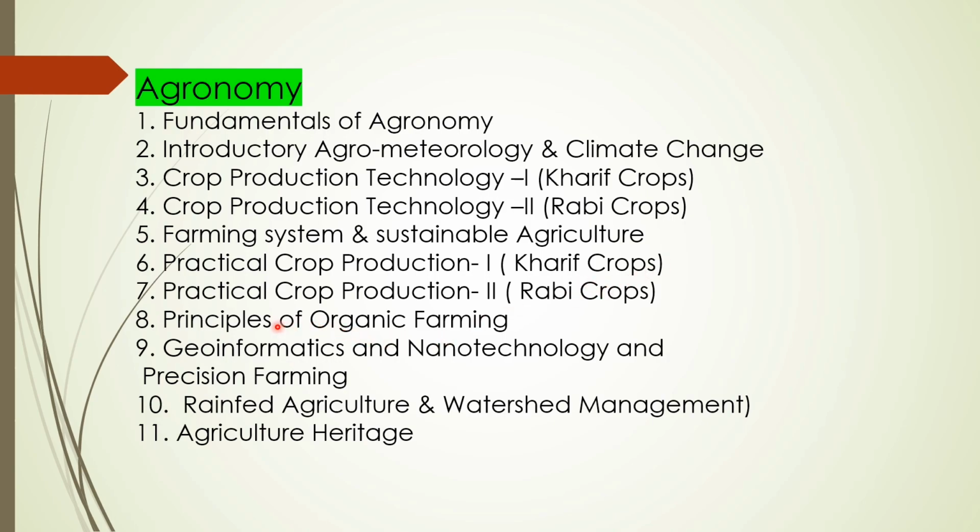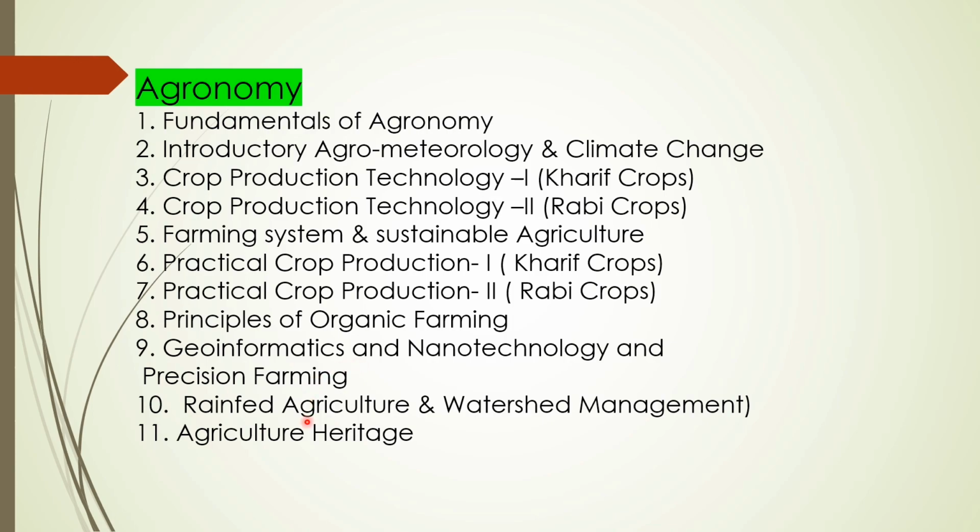And the next subject, principles of organic farming. In this subject mainly how we have to cultivate through organic farming, and how we have to increase the fertility of the soil. And the next subject, geoinformatics, nanotechnology and precision farming. This is a modern subject, mainly using GPS tools, GIS tools, and many other tools we can learn in this subject.